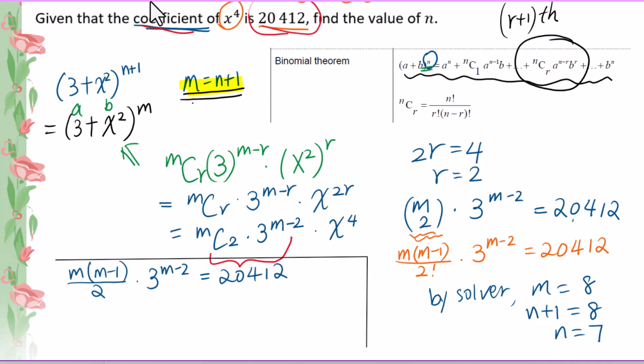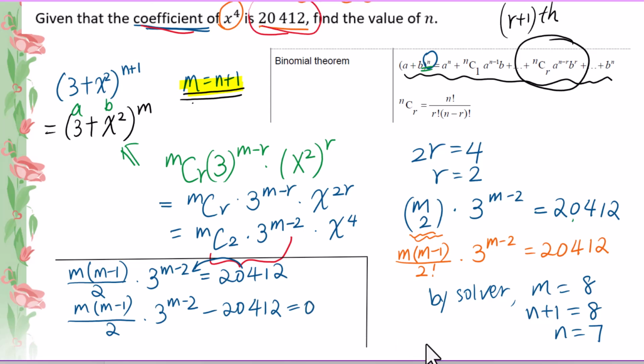For this equation, if we want to use graphing to solve, you have to change it into equal to 0 form. So cross the river, change the sign. m times (m minus 1) over 2 times 3 to the power of m minus 2 minus 20,412 equals 0.